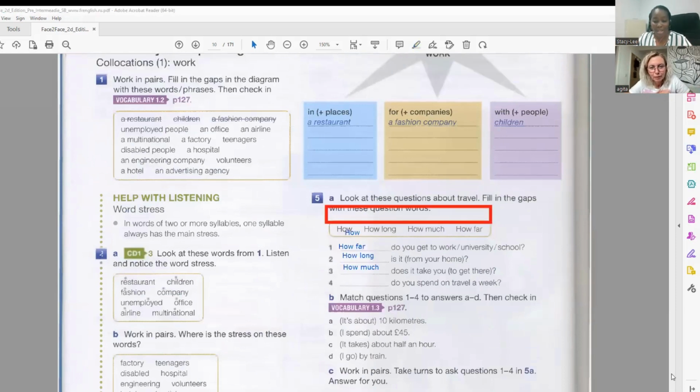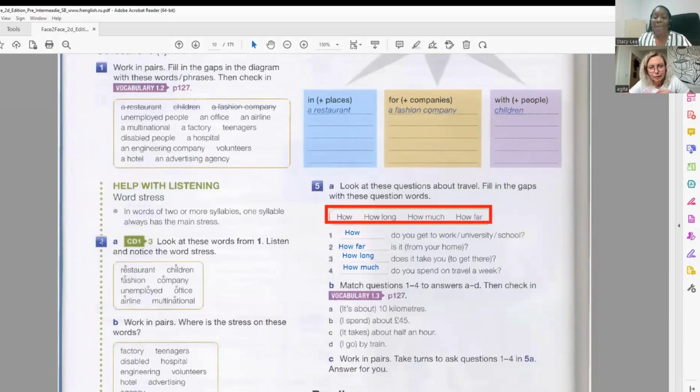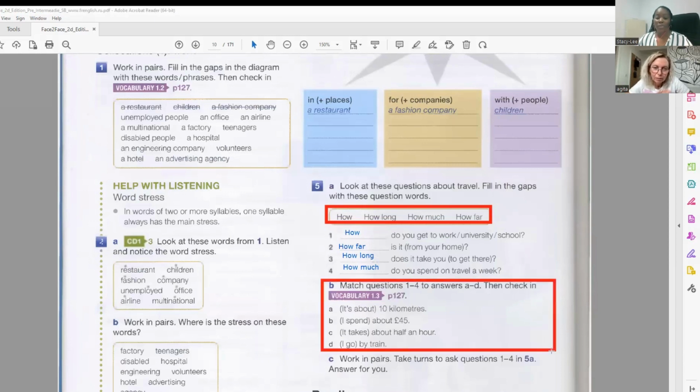You made the questions. Can you now make the answers? Which one of these matches with the questions? So we're looking at B. How do you get to work? I go by train. Very good.